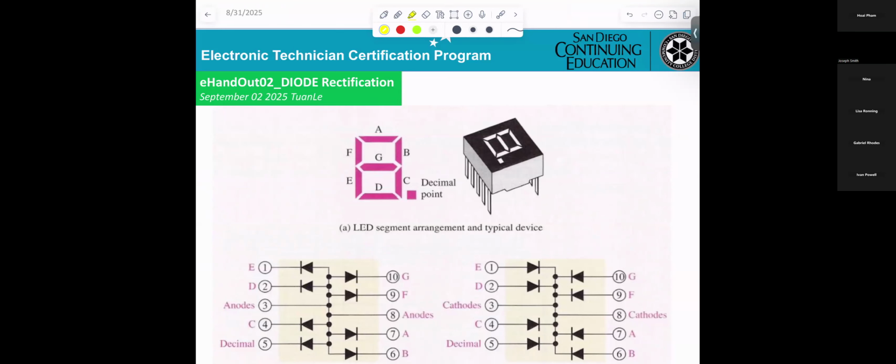So they can turn on, turn off to display any number you want, or any letter, A or B or C. Like that one, A will look like that.